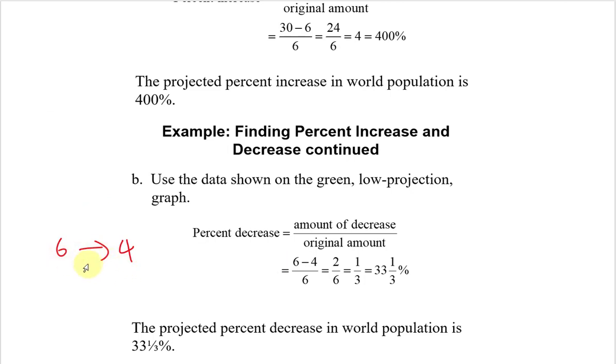Now we take the amount of decrease, so 6 subtract 4 is 2 over 6, or 1 over 3, or 33 1/3%. So the projected percent decrease in the world population is 33 1/3%.